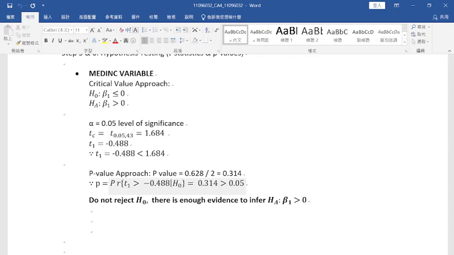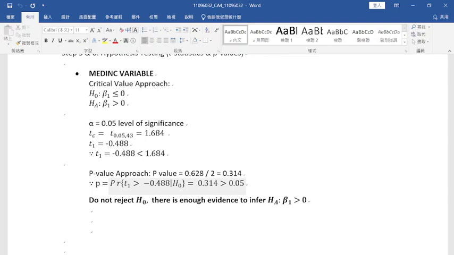The alpha level of significance is 5%. Computing the critical value, we refer to the table, and since there is no value for 3 degrees of freedom, we just use 40, and the value that we got is 1.684.